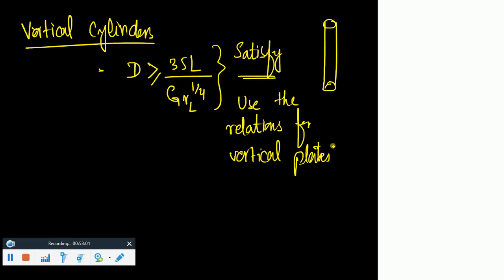If you satisfy this condition that the diameter is much larger than this, use the relationship for vertical flat plate.